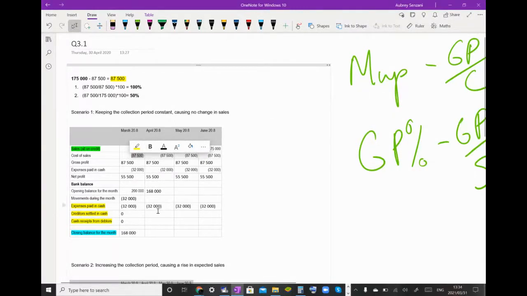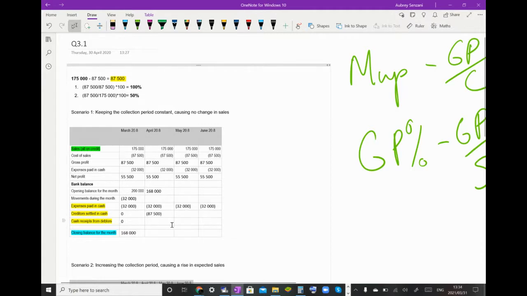In other words, it's settled in April. I'm coming down here, and then I'm saying creditor settlement in cash. So we're gonna put that 87,500 from the previous month, right, so we've put that in there.